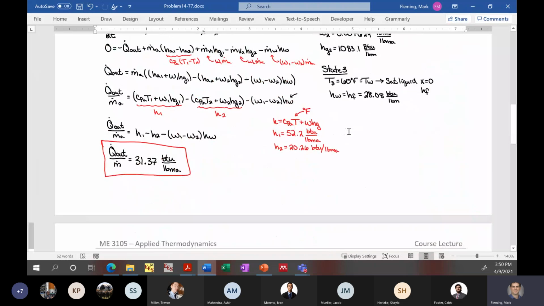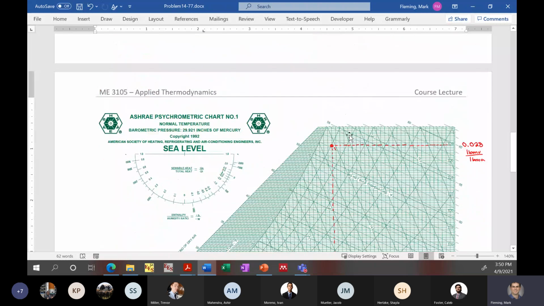So yeah, pretty good agreement there. Then if we go up along the line of constant enthalpy, what we'll find is this value becomes 52.2. And that's basically what we got, BTU per pound mass of dry air. So note that is H1.